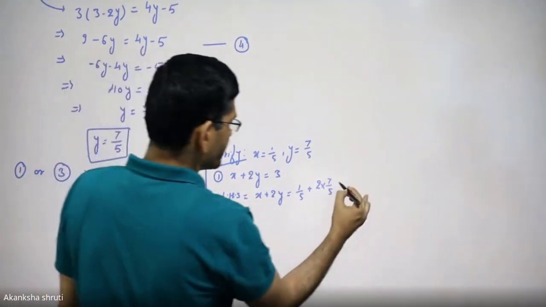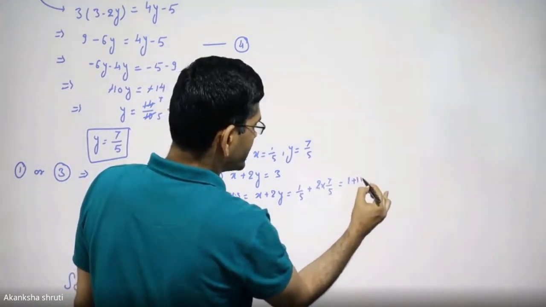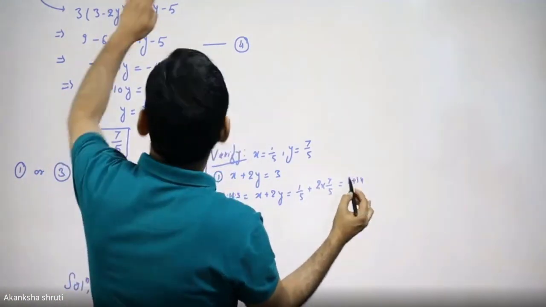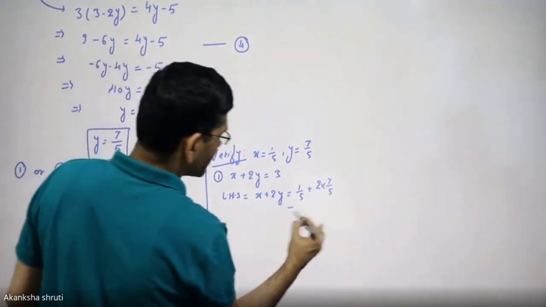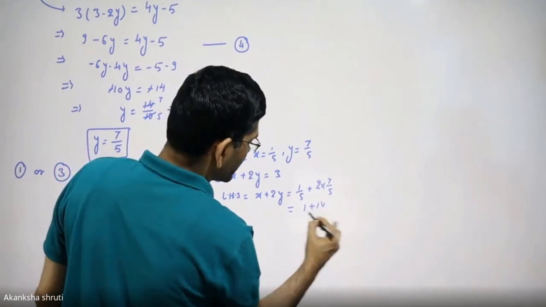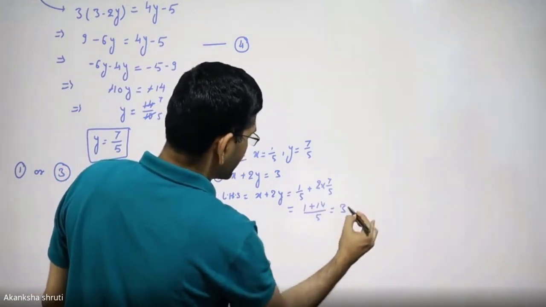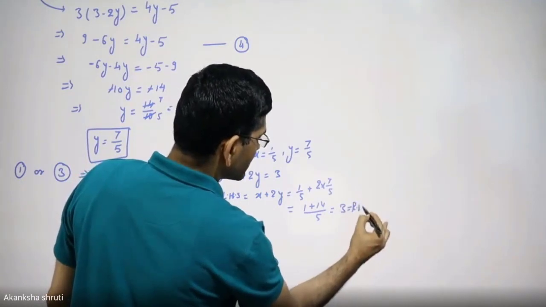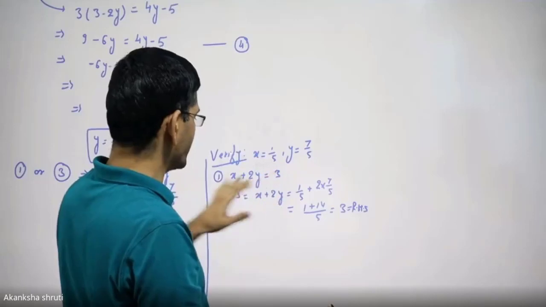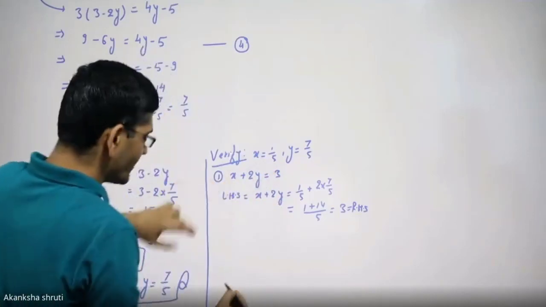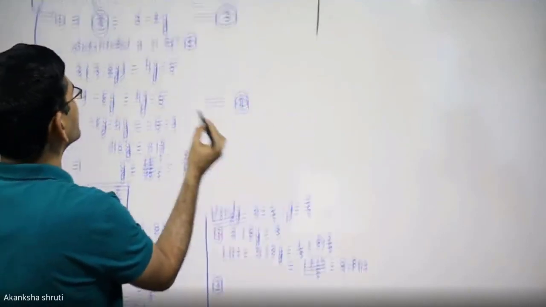So 5 is there, 1 plus 14, so 1 plus 14 by 5, it is ultimately 3. 1 plus 14 by 5, 15 by 5, it is our 3. This is our RHS. So this way, we are observing that whatever x and y we have calculated is satisfying equation 1. But this is not enough because we need to verify for equation 2 also.